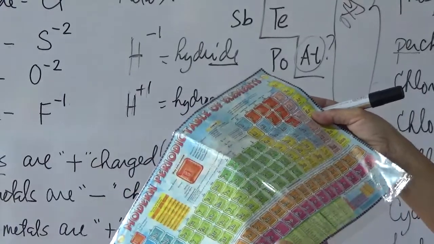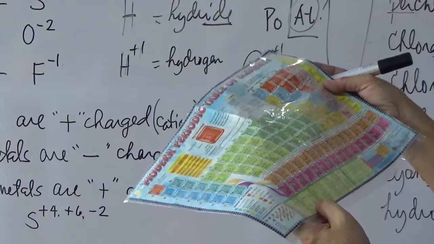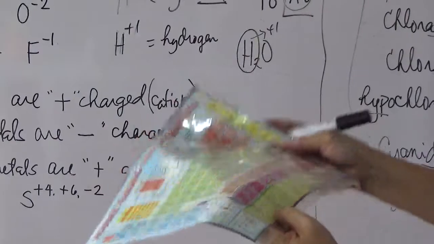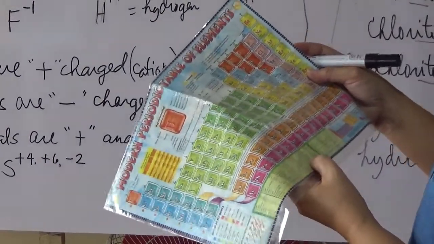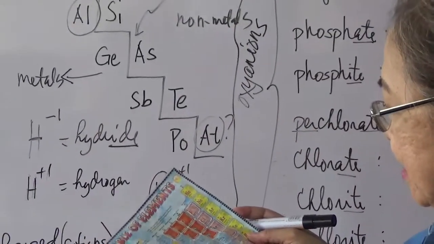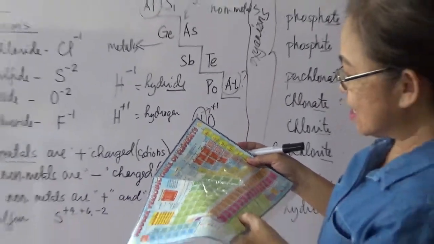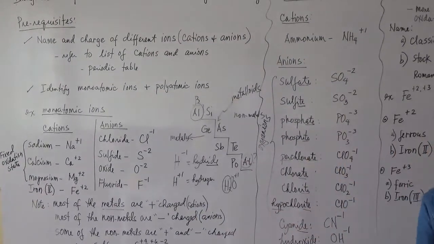If it is alphabetical, then it is easy for you to find it. Some periodic tables are grouped according to oxidation number, but some are arranged alphabetically. If it is alphabetical, it is very easy to find, so you just look for iodate. Iodate is IO3 negative 1.